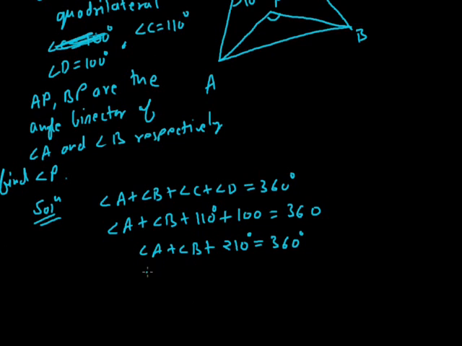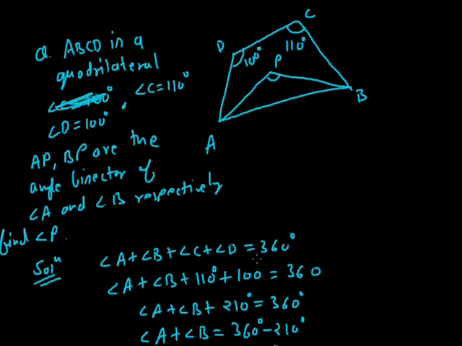So angle A plus angle B is equal to 360 degrees minus 210 degrees, which is equal to 150 degrees. It means the sum of angle A and angle B is equal to 150 degrees.